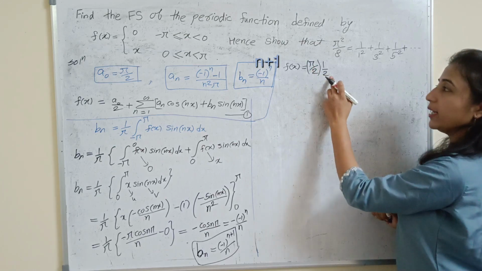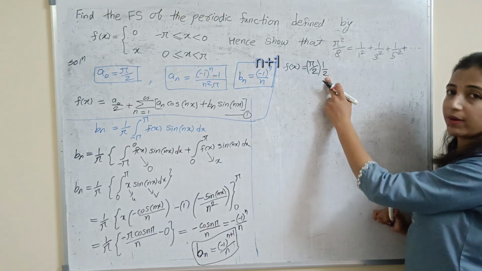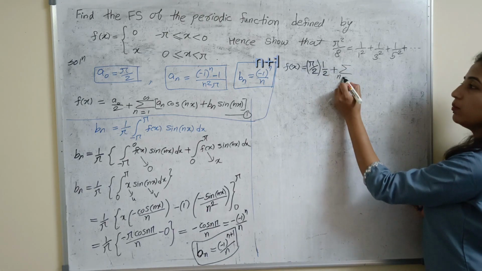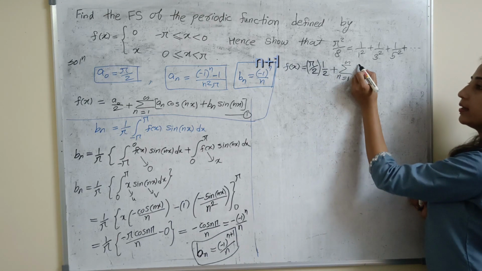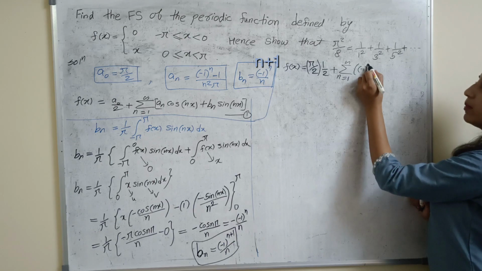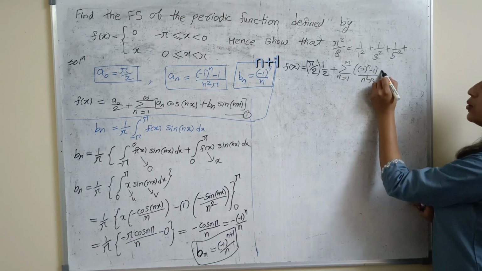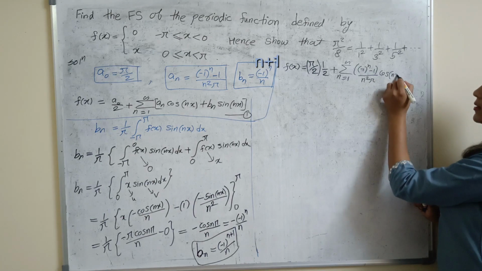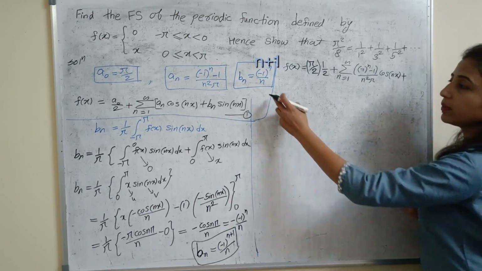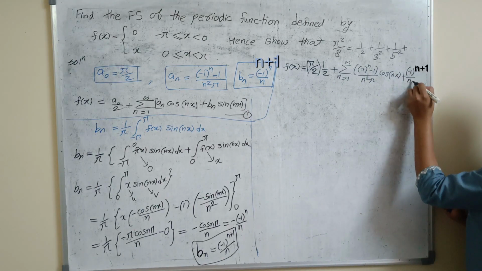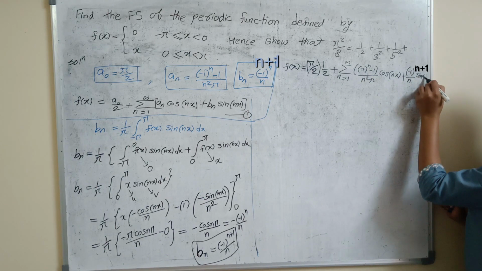So a0 divided by 2 plus summation n varies from 1 to infinity, an is minus 1 raised to the power n minus 1 upon n square pi into cos nx, plus bn is minus 1 raised to the power n by n into sine nx.